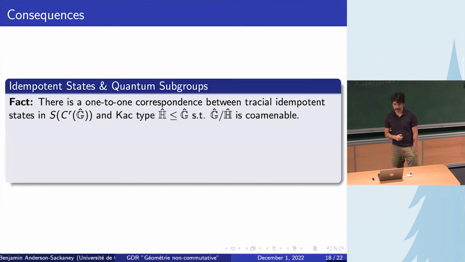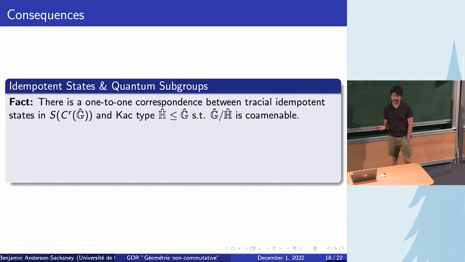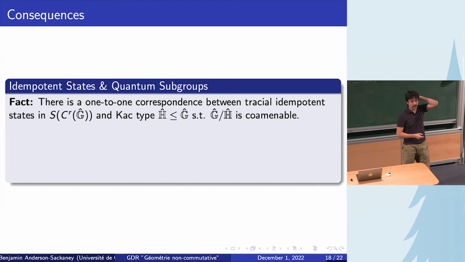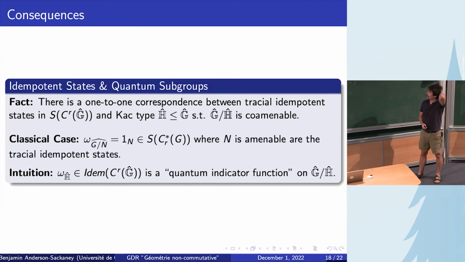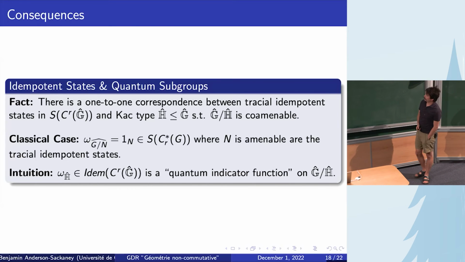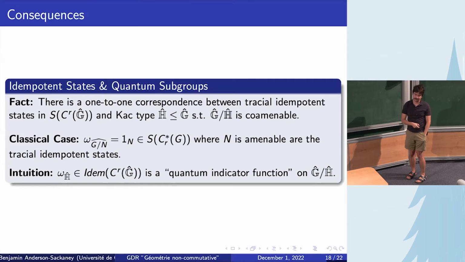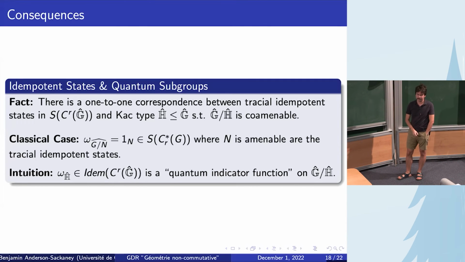Okay, so going back to idempotent states, it turns out that there is a one-to-one correspondence between tracial idempotent states on the reduced C-star algebra and Katz-type quantum subgroups of G hat where their quotients are co-amenable. Classically, I mentioned this earlier, this is a quantum analog of the fact that the idempotent tracial states on the reduced C-star algebra are in correspondence with normal amenable subgroups.